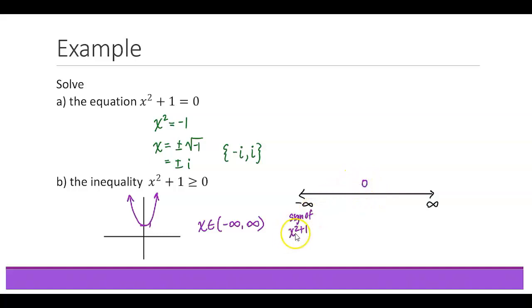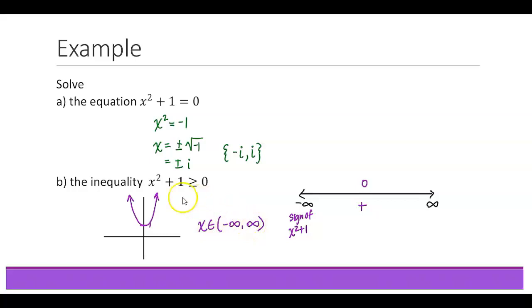Now if I plug in 0, 0 squared plus 1, that's going to give me 1. That's going to give me positive. So on the entire number line, my outputs are positive. So again, just confirming, the answer is negative infinity to infinity.